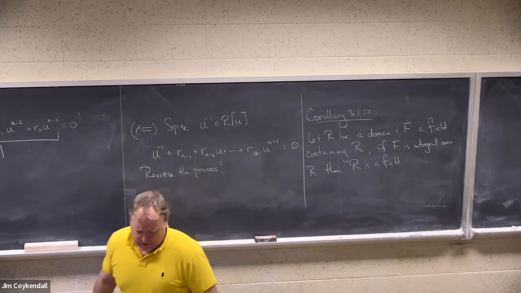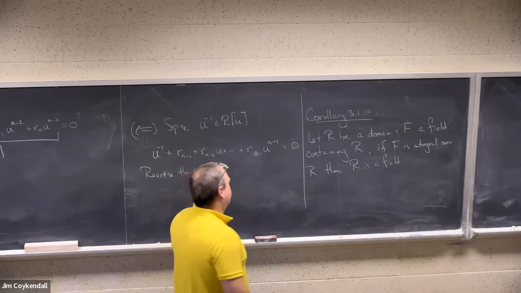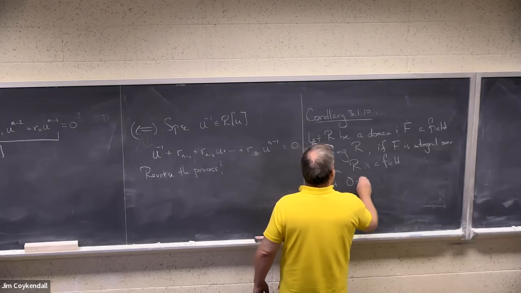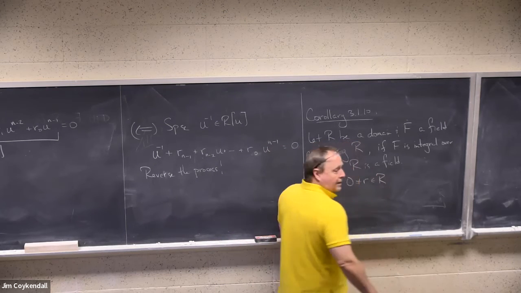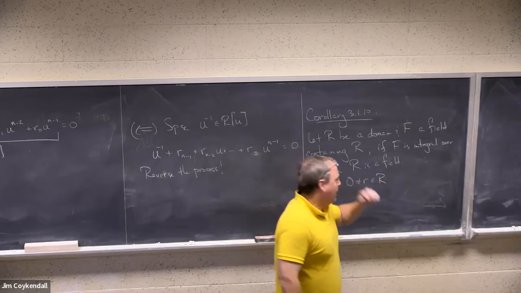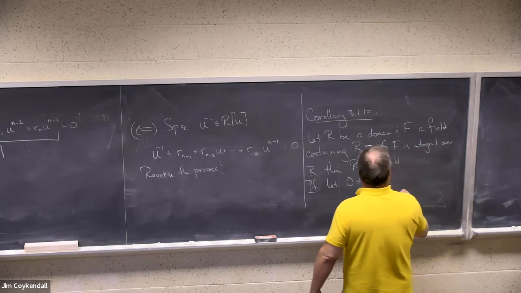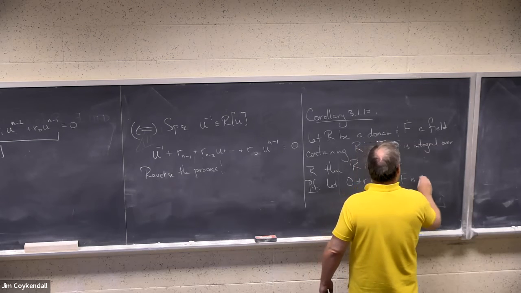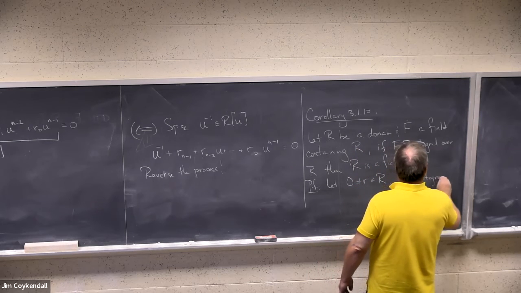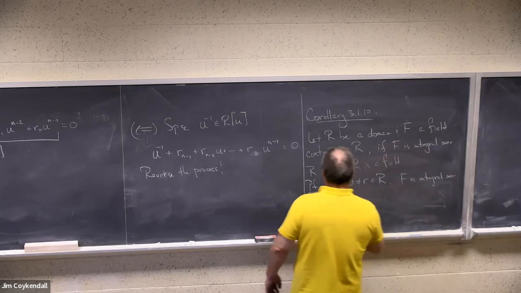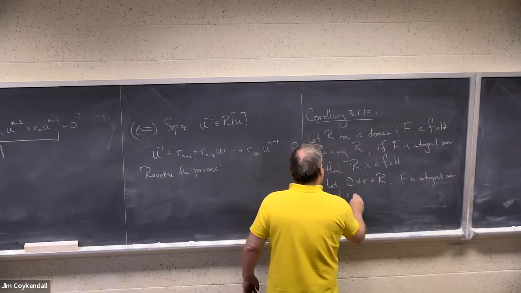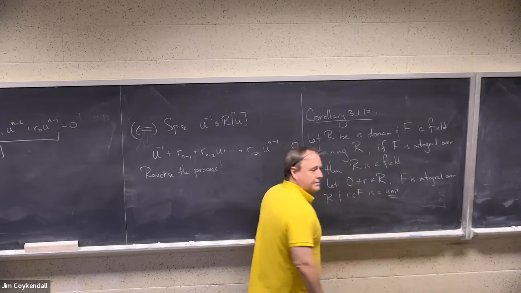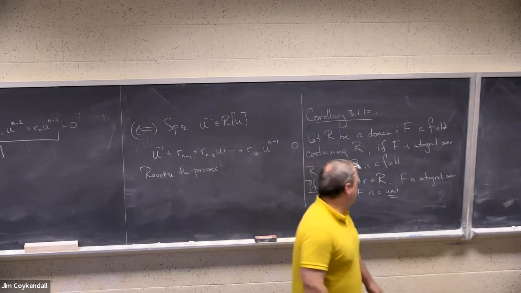And this follows from the previous proof. F is integral over R, and R in F is a unit. Remember, no new units.